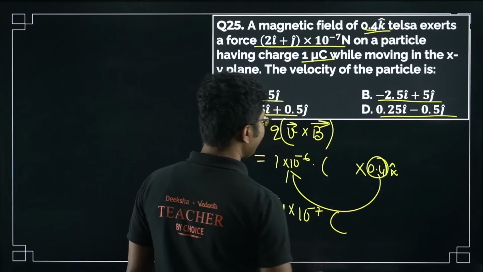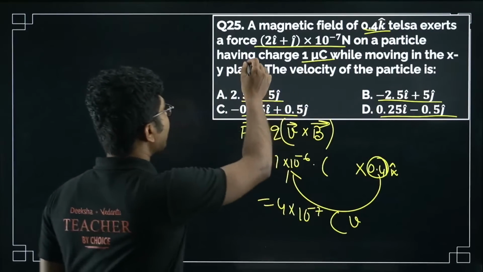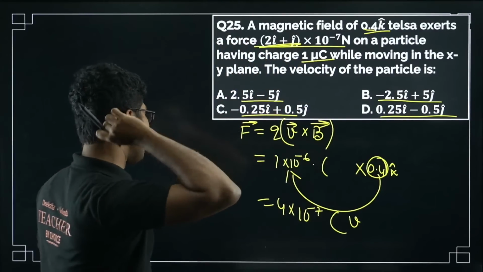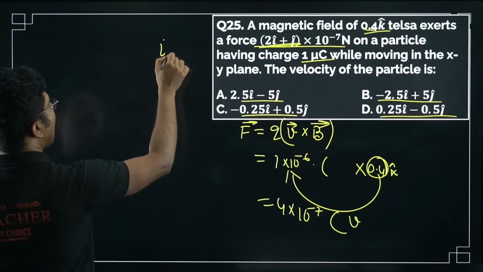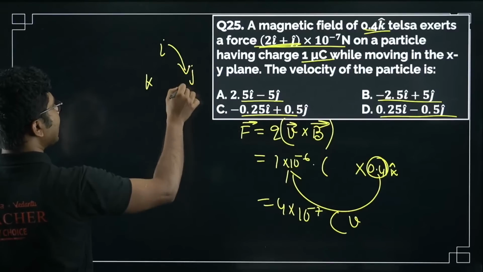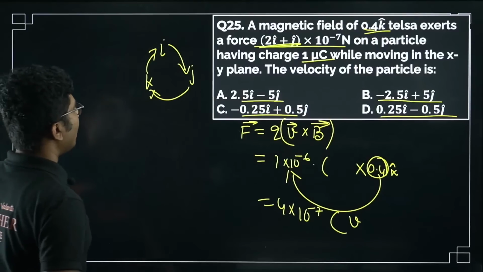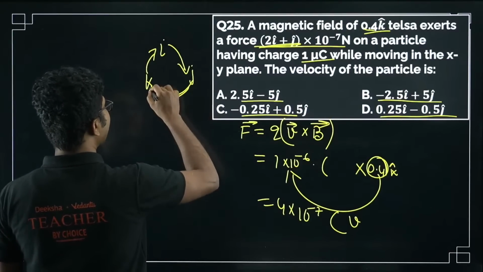In between we have different v's, and we will try to find out which one gives this value. Now remember that in cross product, i cross j gives k, k cross i gives j, and j cross k gives i.